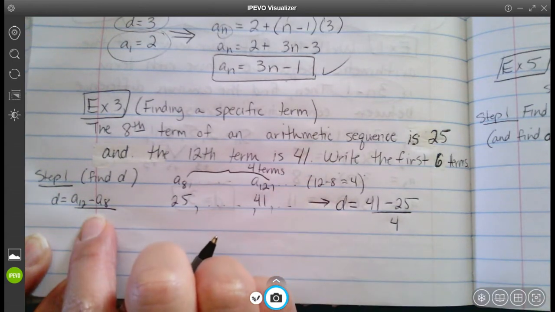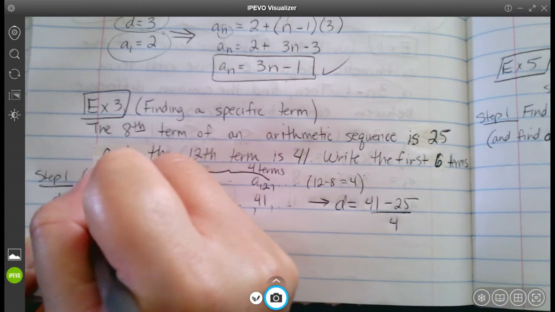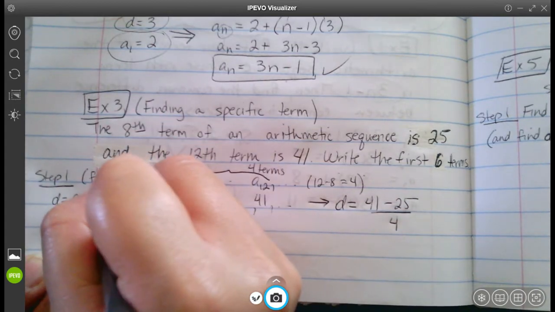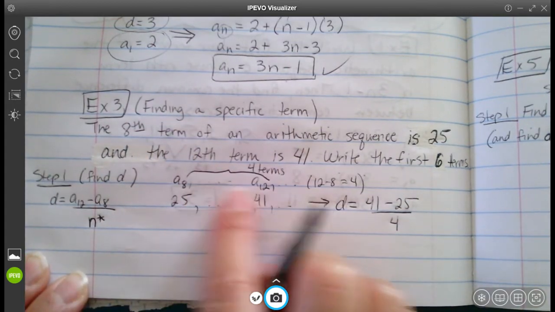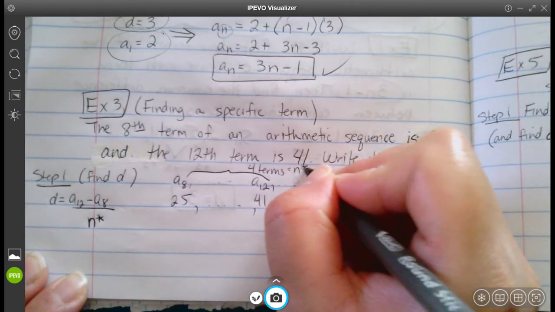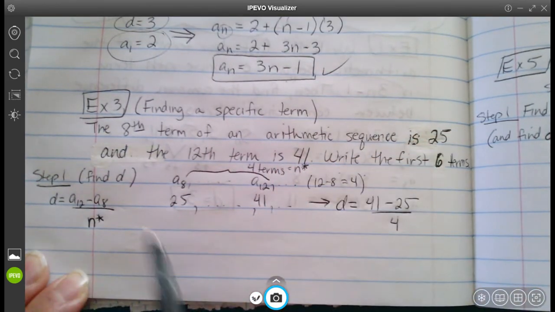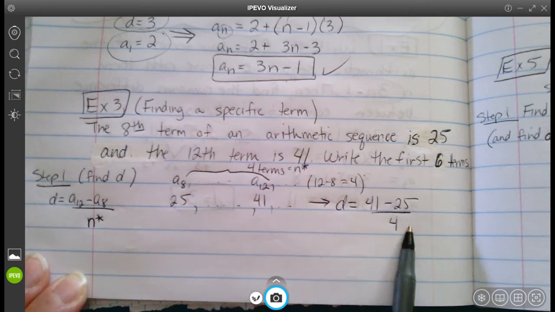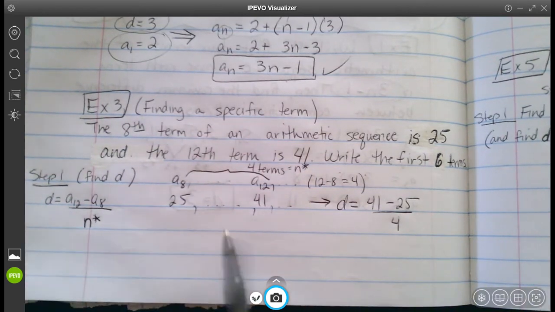I'll put n star, where n star is the difference between these two right here. I don't want to put n because I don't want to confuse anybody with the previous example formula, okay? So in short, just subtract them and divide by that difference.